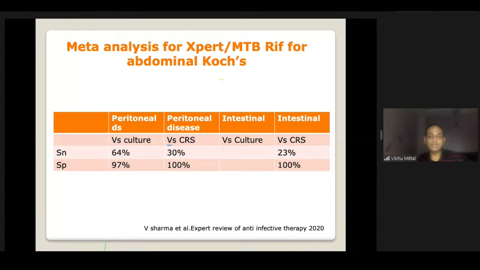So the take-home from this is, if used and positive, the test gives you a reliable diagnosis of tuberculosis. However, the sensitivity of even this test is 23 to 30%. When compared to culture, the turnaround time is that the test would be available within a day. So it is a useful test.